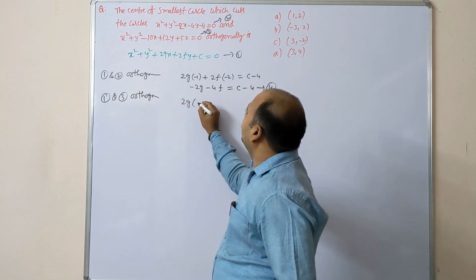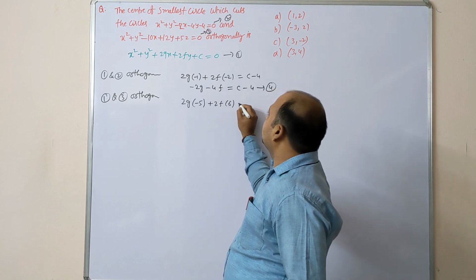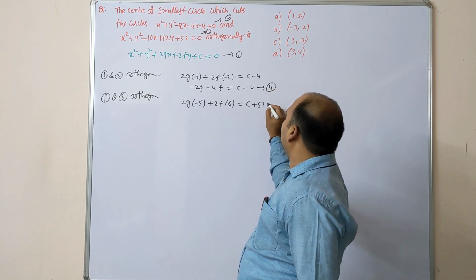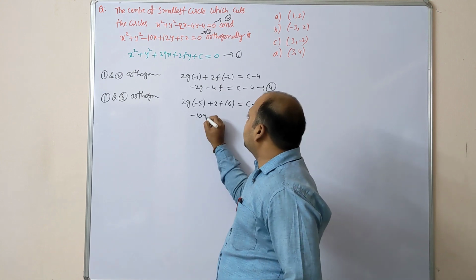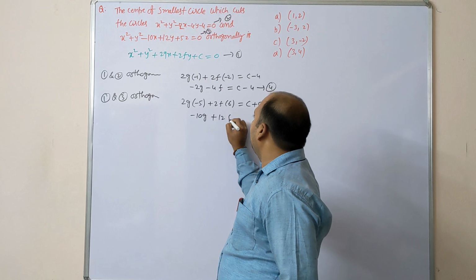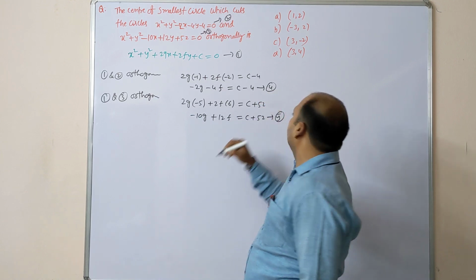So 2g into minus 5 plus 2f into 6 equals c plus 52. So minus 10g plus 12f equal to c plus 52, equation number 5.